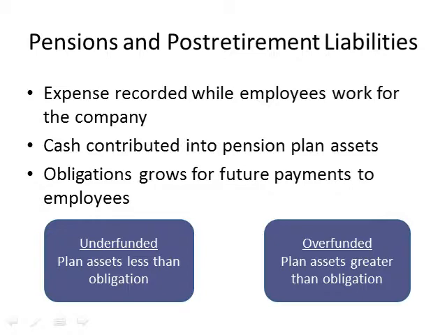If the plan's assets exceed the projected benefit obligation, the plan is said to be overfunded. In this case, the asset and obligation amounts are reported only in the notes to the financial statements. However, if the projected benefit obligation exceeds plan assets, the plan is underfunded, and the company must report the excess liability amount as a long-term liability on the balance sheet.